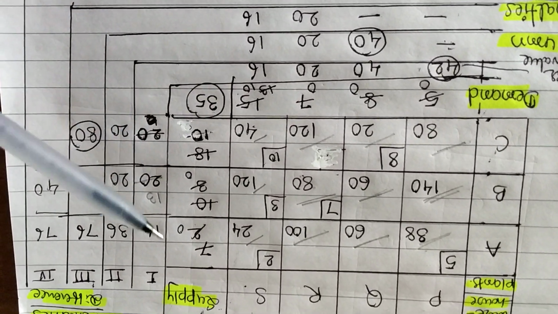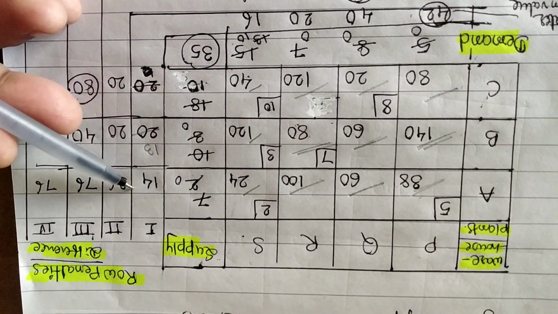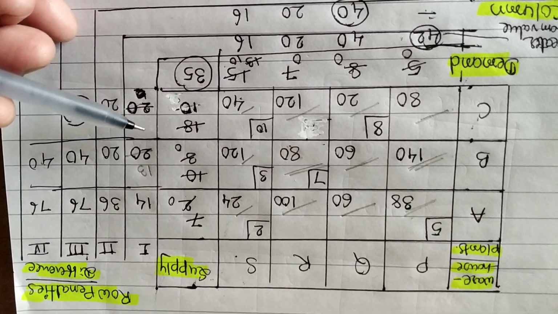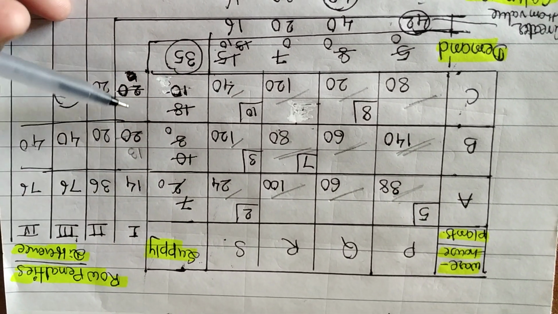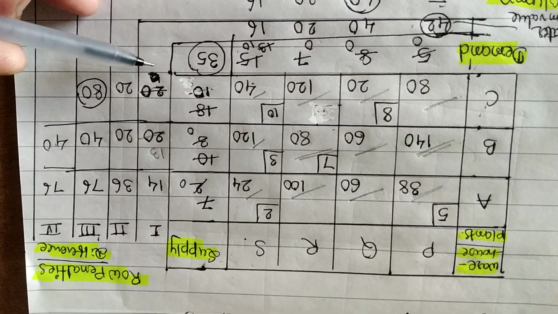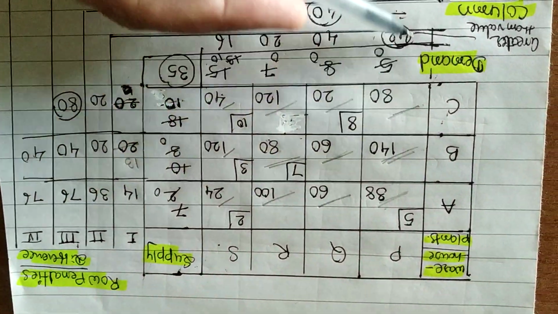Okay, then first you see the row penalty, what is the difference, you first of all make the row difference and the column difference.